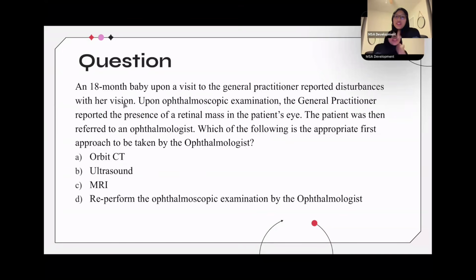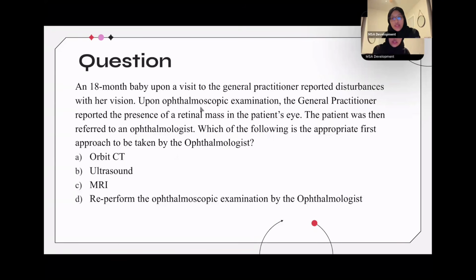An 18-month-old visits a practitioner, reported disturbances in vision. Upon exam, the general practitioner reported that there is a mass in the baby's eye. The patient was then referred to an ophthalmologist. Which of the following is the appropriate first thing done by the doctor? What do you do first?